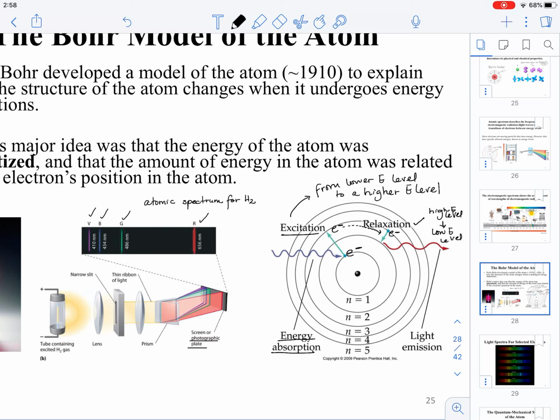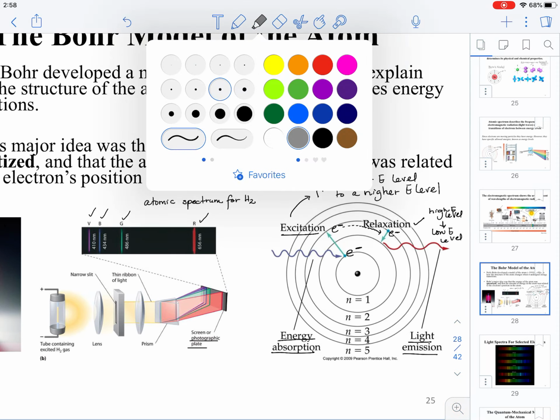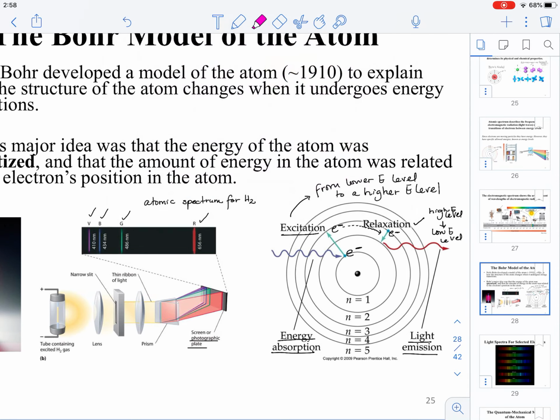Okay, and when this happens, then light is emitted. And this light emission that we see here, I'm just going to highlight it so we see the connection. This light emission is what gave rise to these lines. Okay, that's what he was proposing.